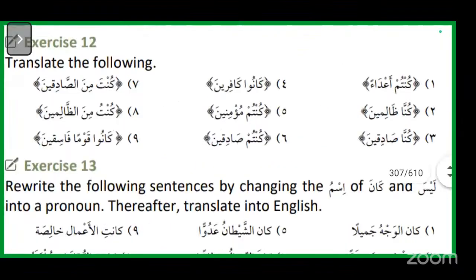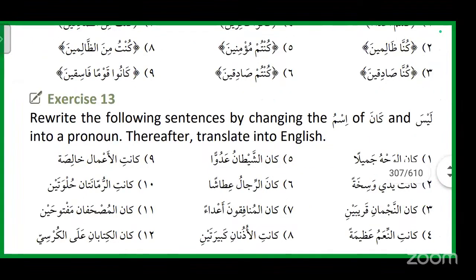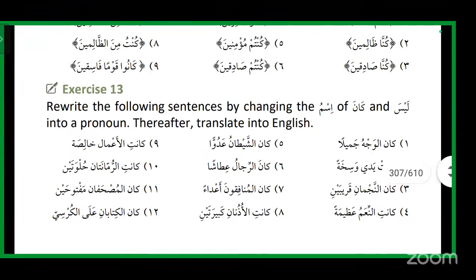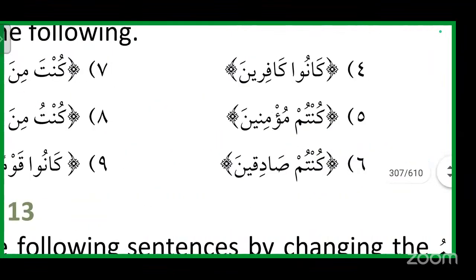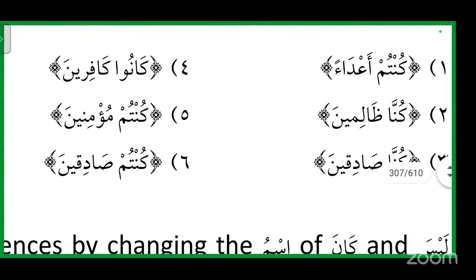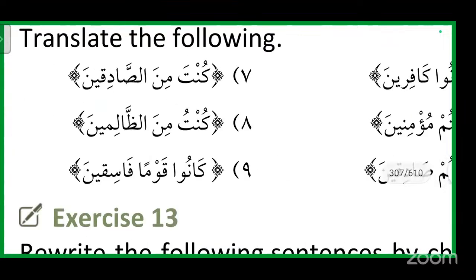So, exercise 13. Rewrite the following sentences by changing ism of kana. I have reached number 5, exercise 12. Kuntum mu'minin, you were believers. Number 6, kuntum sadiqin, you were truthful. Kunta minas sadiqin, you were from the truthful.